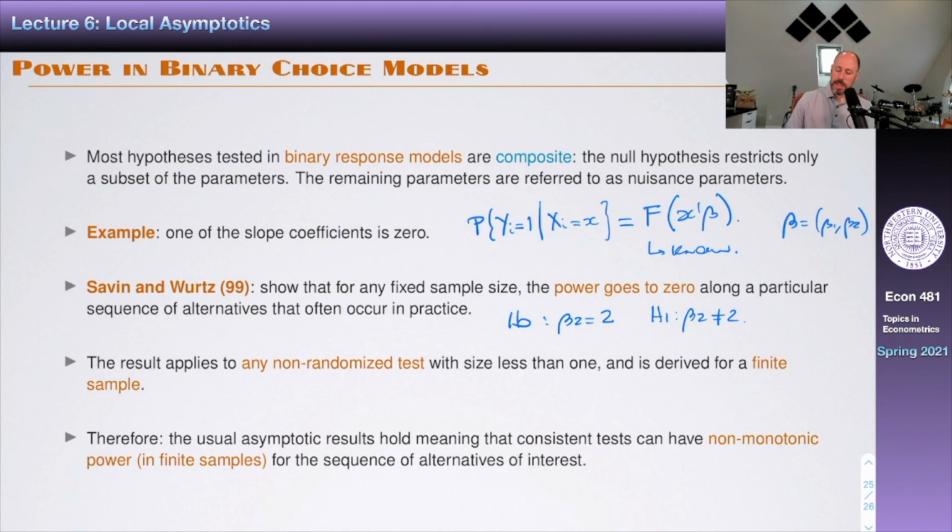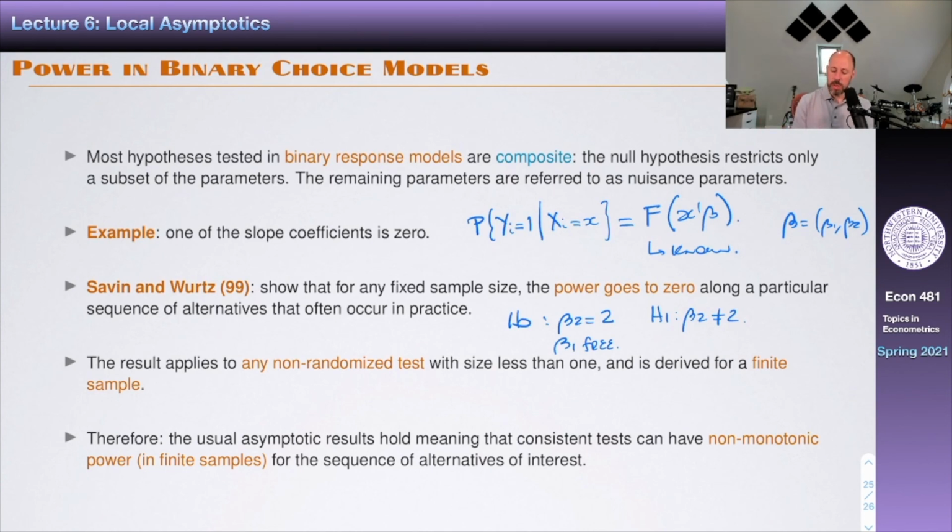Well, even though people often will refer to this as a simple null hypothesis, right, because it's just beta is equal to something, this is composite because beta 1 is free. I'm not saying anything about beta 1. It's just beta 1 could be anything. When you test one component, you're just letting the other components be free.